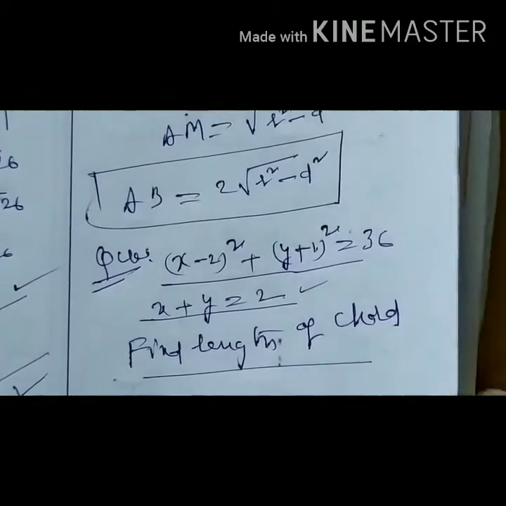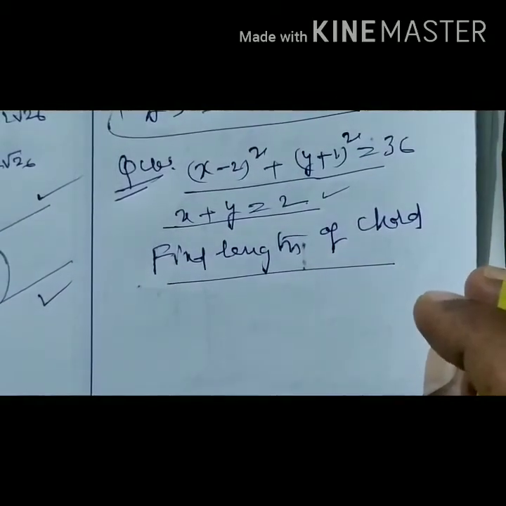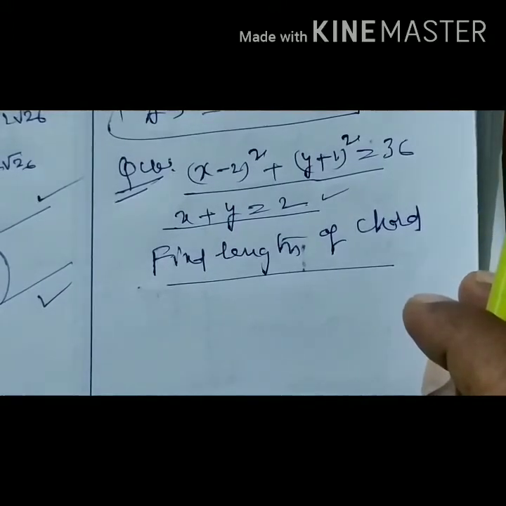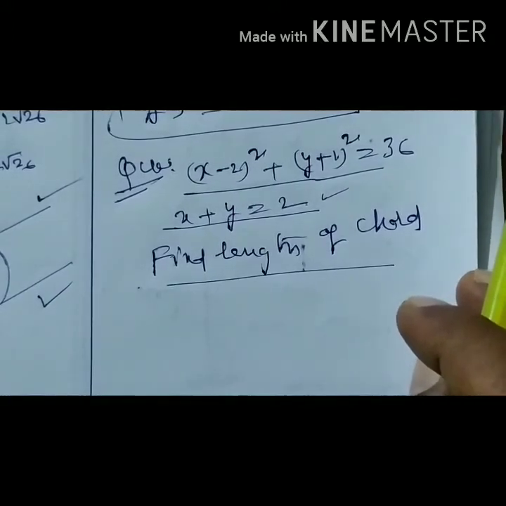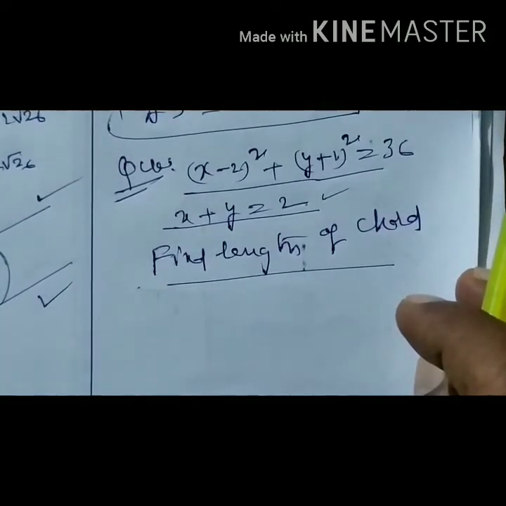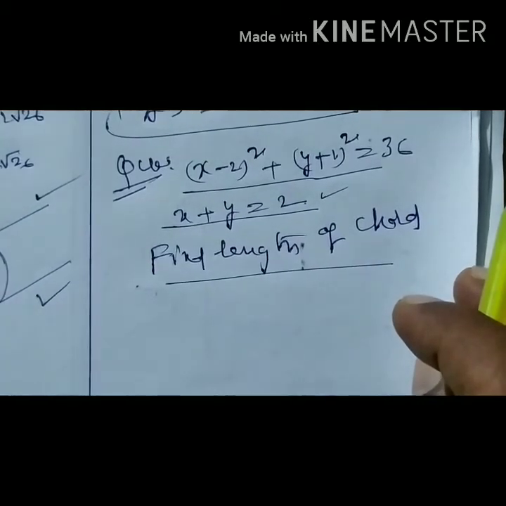Before finding the length, we verify whether it is a chord of the circle or not. How can you say that? You already know the condition: if the perpendicular distance is less than the radius, then the line intersects the circle in two distinct points.